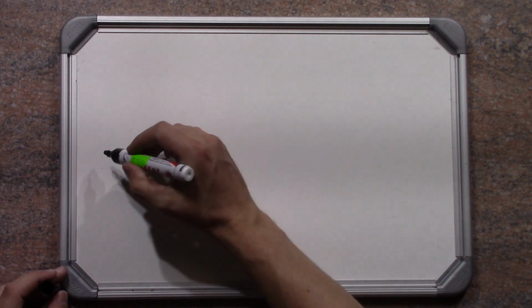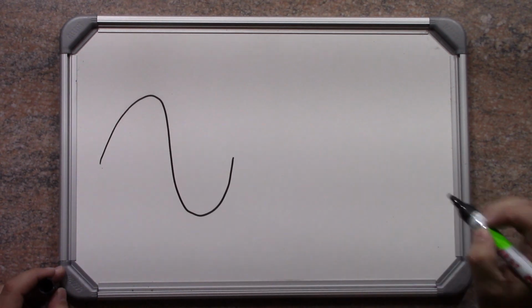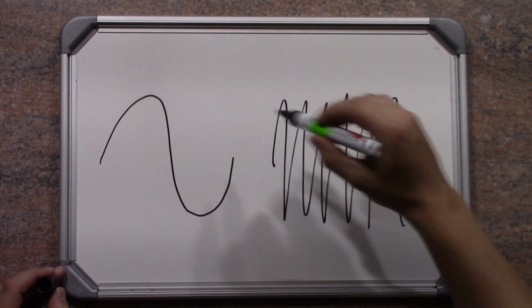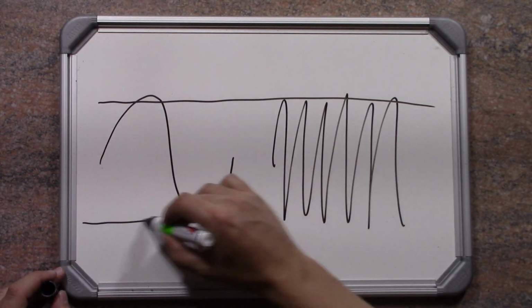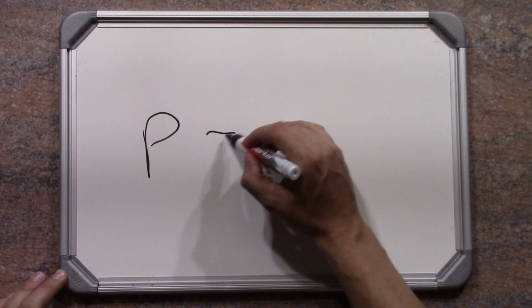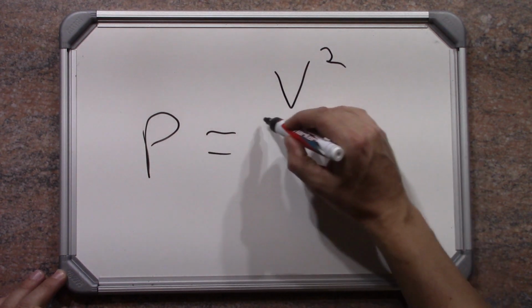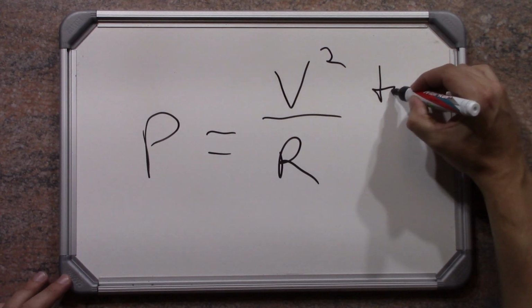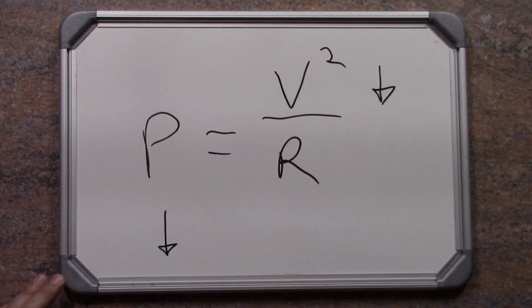On an active crossover system you won't have that problem because you'll have two individual signals, one at 100 Hz and another at 1 kilohertz. And you can see from this that your peak-to-peak voltage has been reduced dramatically. Because your power is equal to V squared over R, if you reduce your voltage, your power is reduced as well.